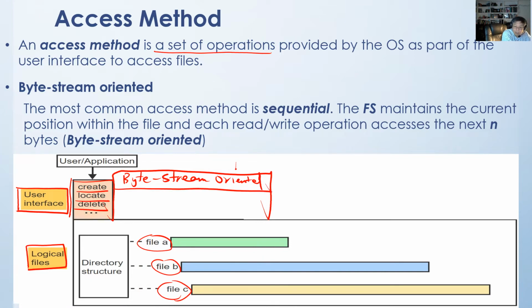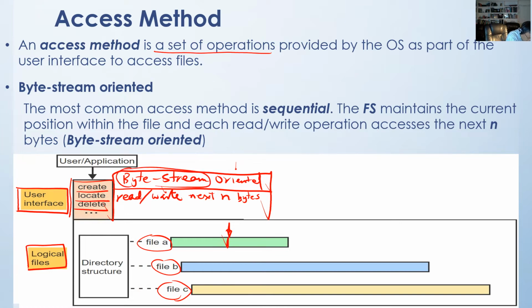In this case, the operating system maintains the current position in the file, and the read and write commands always access the next n bytes. That's the reason why it's called a byte string oriented operation.